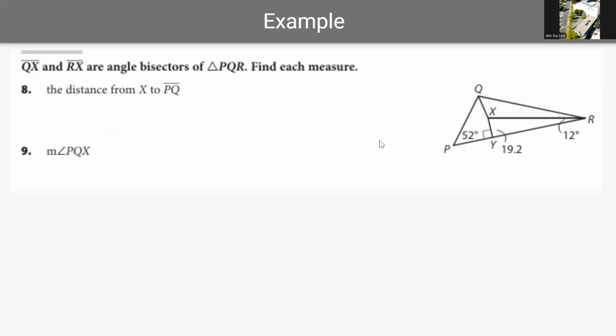So here, QX and RX are angle bisectors. So then I know that they're equal to each other and they're equal to each other. They're angle bisectors and they meet at X. Find the measure of each.